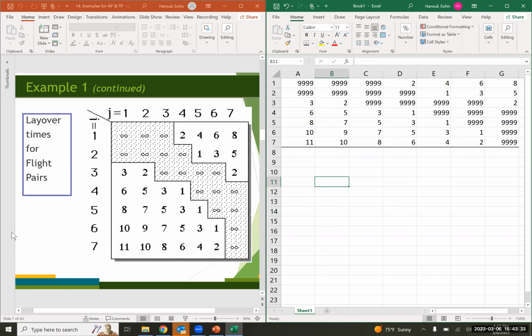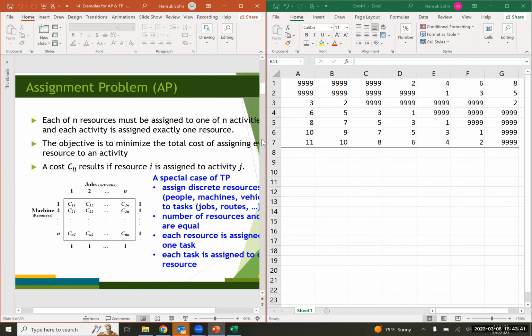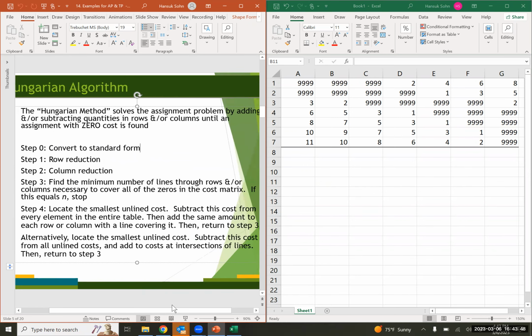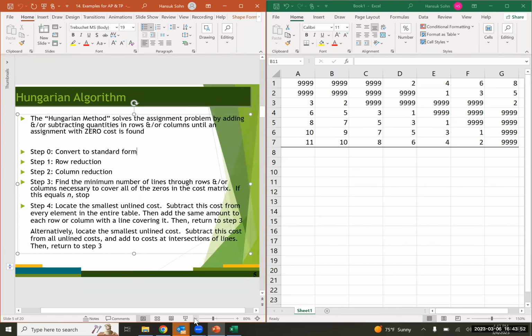So let me bring up the Hungarian algorithm. We talked about it earlier, right? So this screen summarizes the Hungarian algorithm. The very first step is to make sure the given cost matrix is standardized.